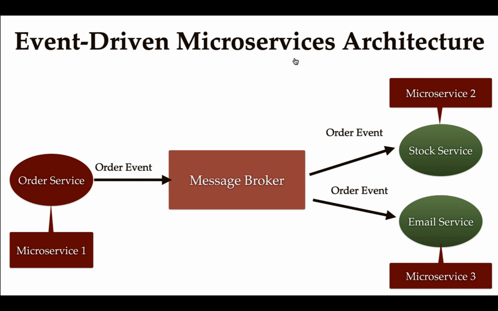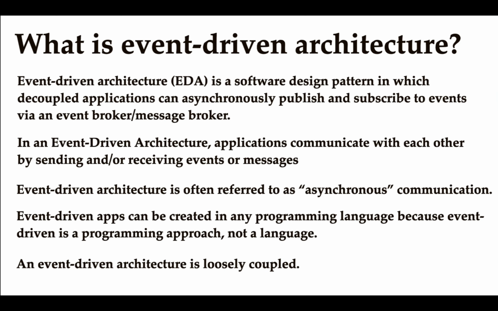In this event-driven microservice architecture, all the applications are loosely coupled, so they are independent of each other. Alright, so event-driven architecture is a software design pattern in which all the decoupled applications use a message broker for asynchronous communication. Okay, so this is how event-driven architecture looks.